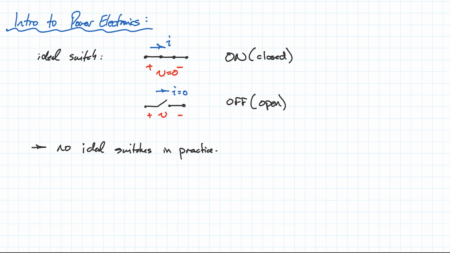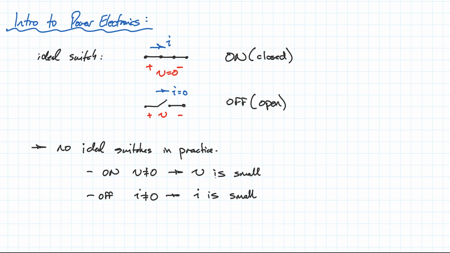You will always have some voltage drop across the switch when it's on, and some current going through it when it's off. So when on, V does not equal 0, and when off, I does not equal 0. We'll say V is small, and I is small.